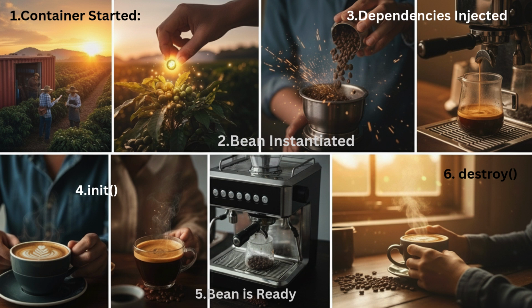Similarly, when the container starts, as soon as the server kicks in, the bean gets instantiated, followed by all the dependencies around this bean getting injected. That's where the bean gets its liveliness for the first time, during the init method. As soon as it passes the init method, the bean moves to a state called ready.